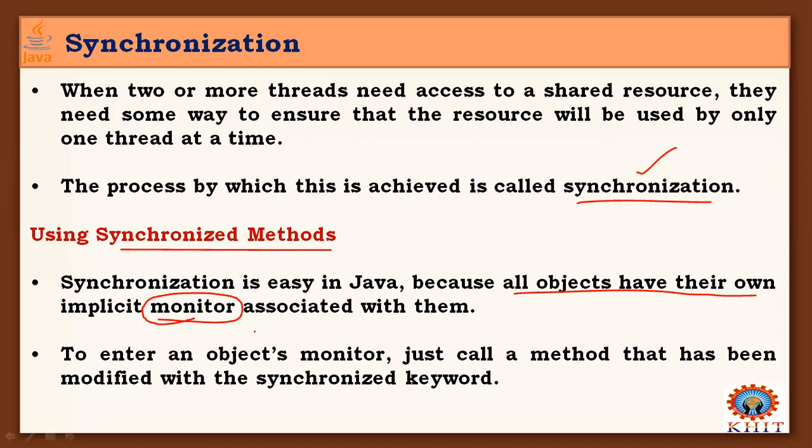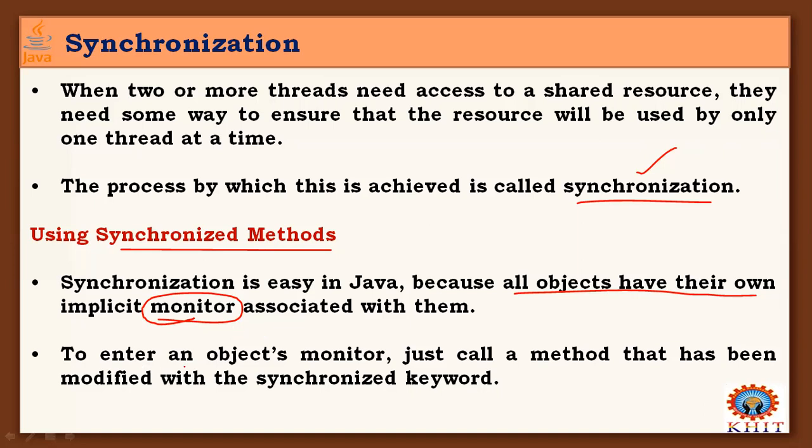Every object created in the Java environment has an implicit monitor, so when any thread invokes a synchronized method on a particular object, no other thread can execute the same synchronized methods. Why? Because the monitor is automatically set for that synchronization.